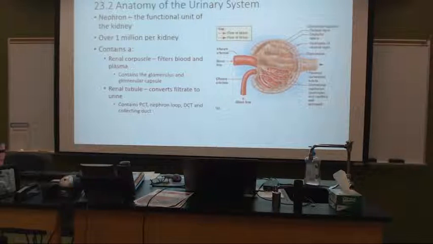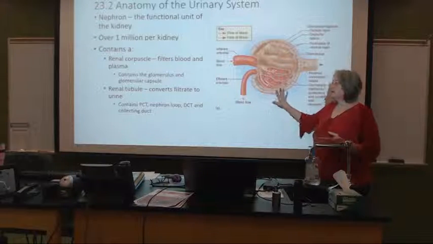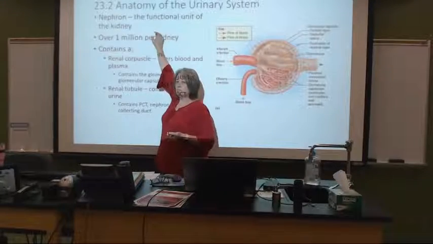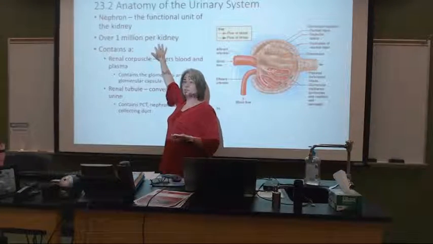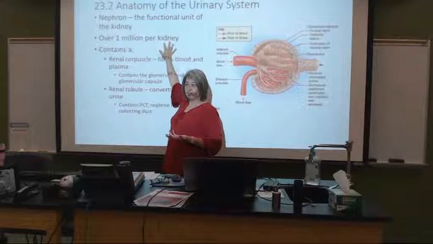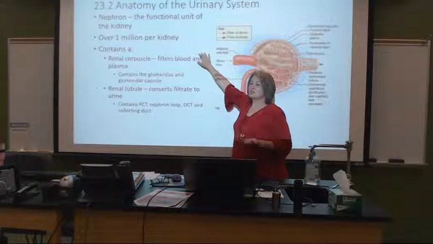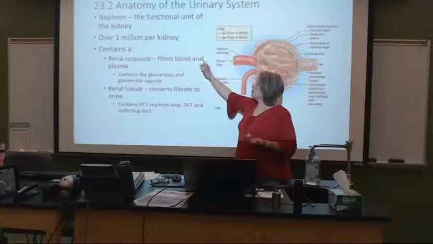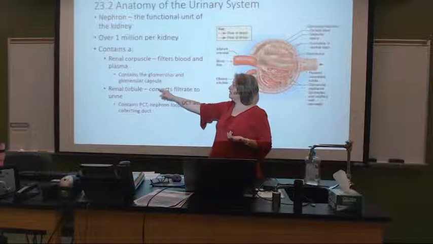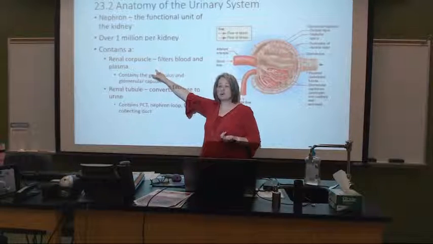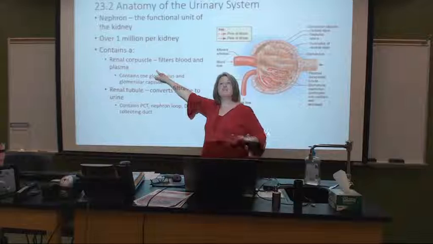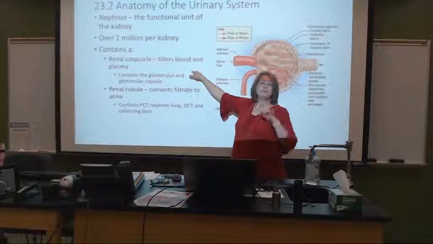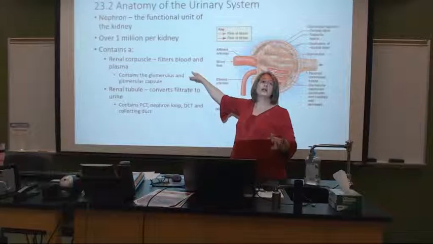So, in looking at my glomerulus, because that nephron, my functional unit, like I've said, we have about 1 million per kidney, all right? What it's going to contain, that nephron is going to have what's called the renal corpuscle, vessels, okay? Where we need to filter blood and plasma.